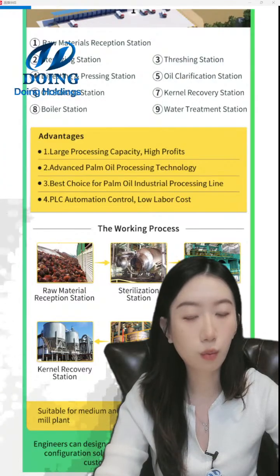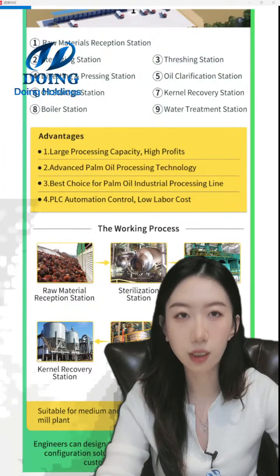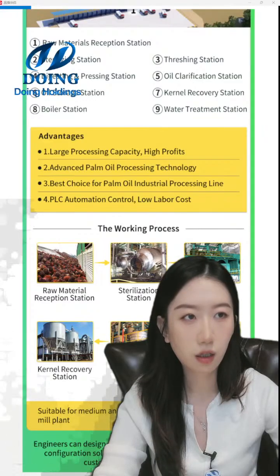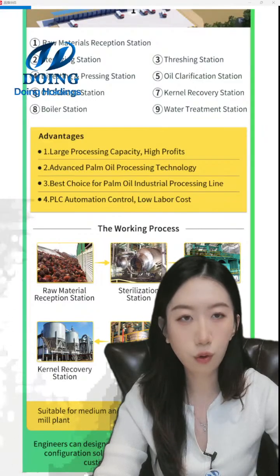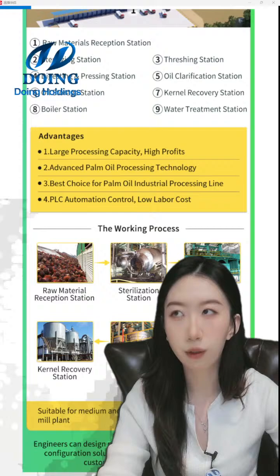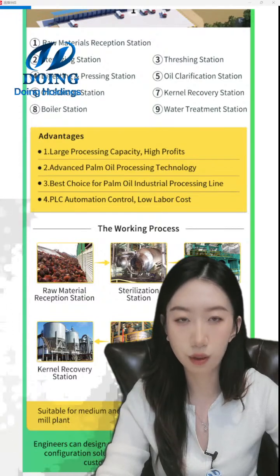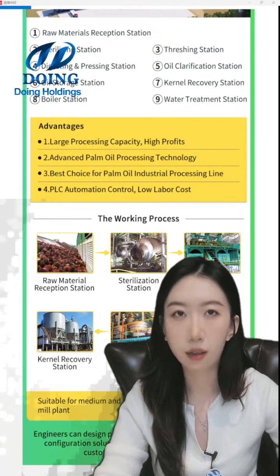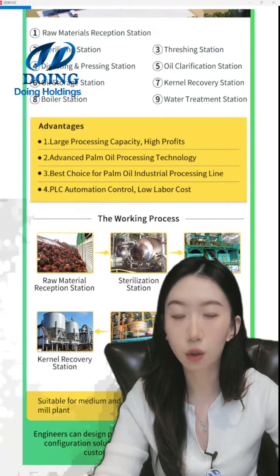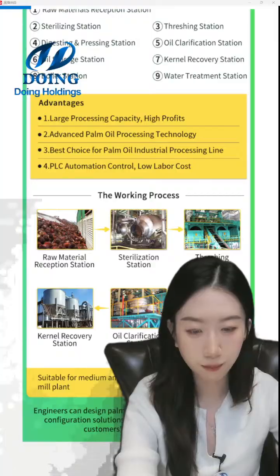You don't need more workers to control it. Just 3 to 4 people can control the entire process and decrease labor cost for you.